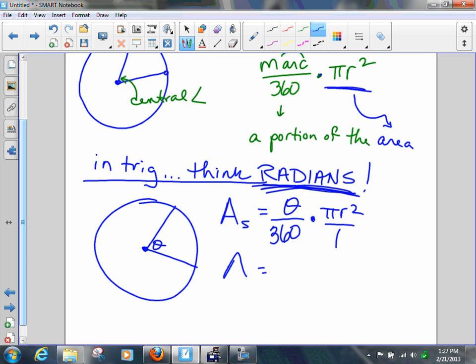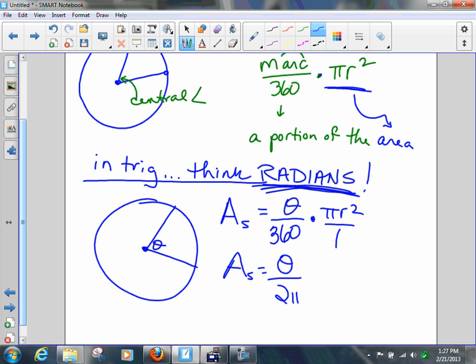Over 1. Let's keep doing some trig thinking, substituting some things out. Hold on, because it could be an arbitrary circle, so we can't throw in that 1 unless we're told it's a unit circle. But you did say that we can change 360 out with what? 2 pi.